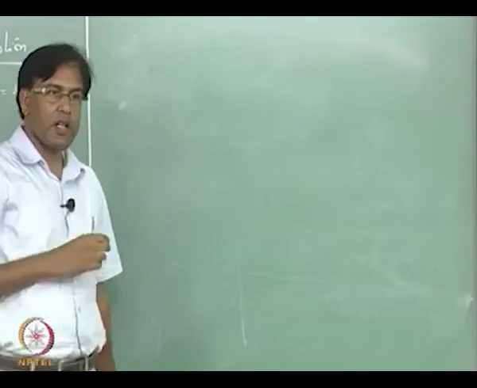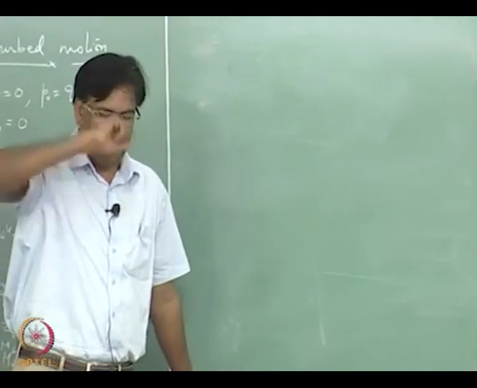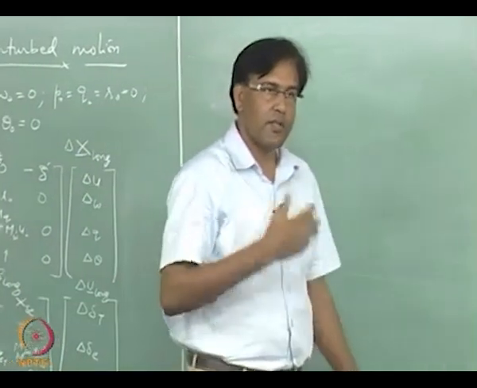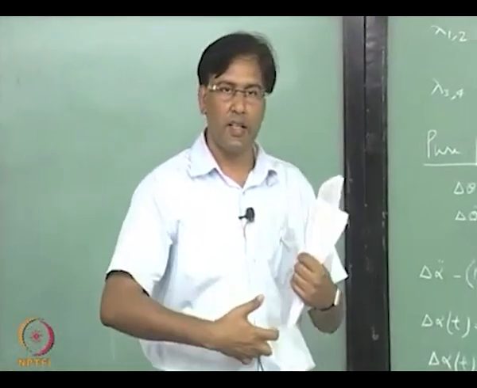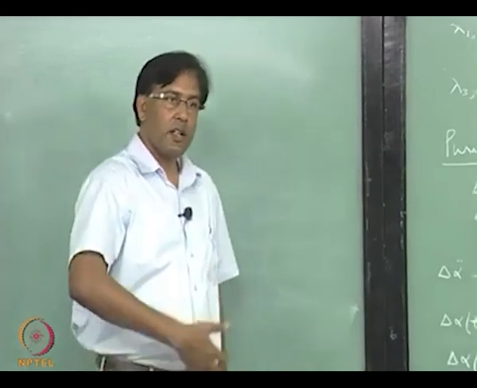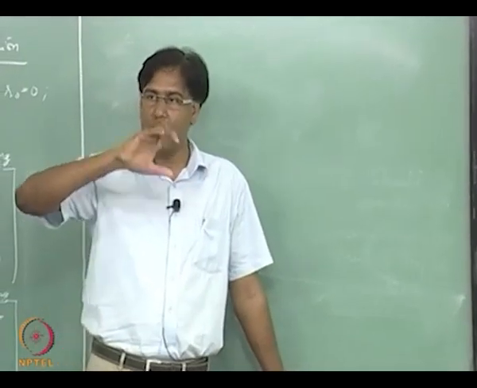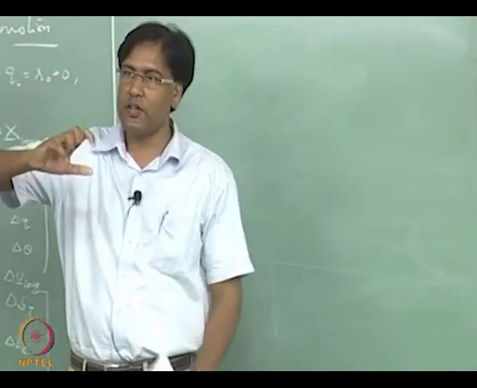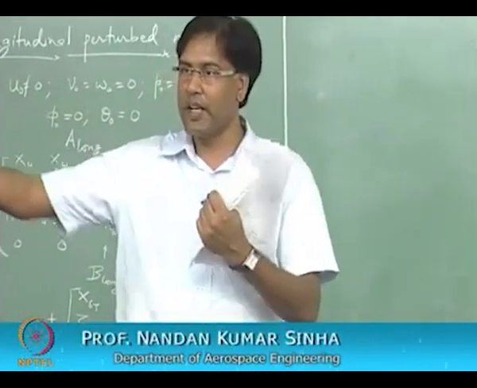Now let us look at Phugoid motion. Phugoid, we said that it is an exchange of energy. So you get a change in forward speed coming from somewhere, and then the aircraft will start going up, lose that extra energy and gain height. So when you gain the height, you have actually gained extra energy compared to your equilibrium flying condition.